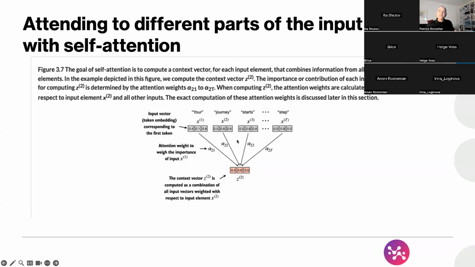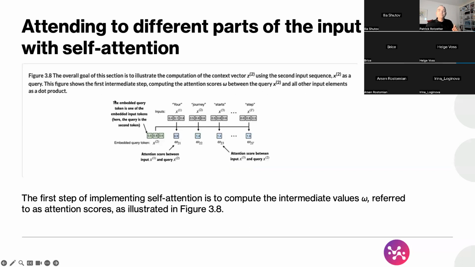So let me show you here, right? We will calculate some intermediate value for token 2. Token 2 will be multiplied by token 1, and it will give 0.9, and that's an attention score.